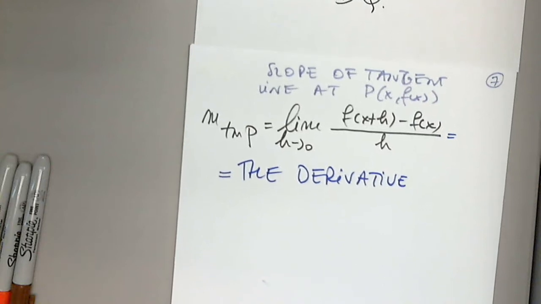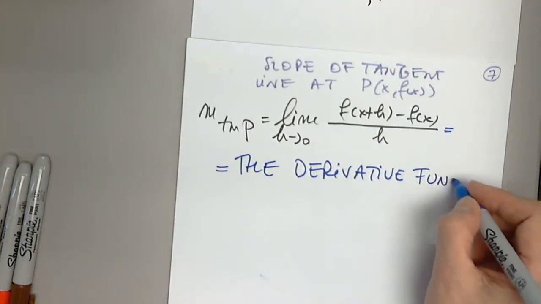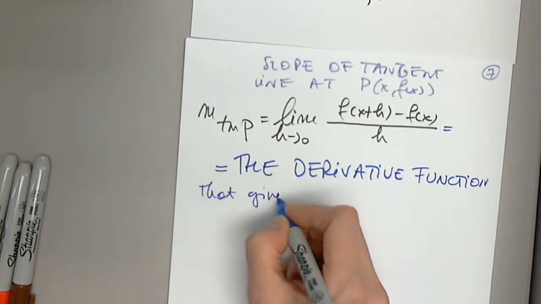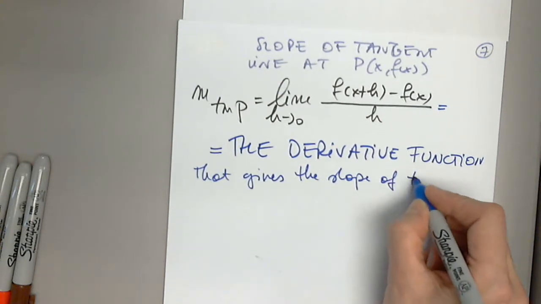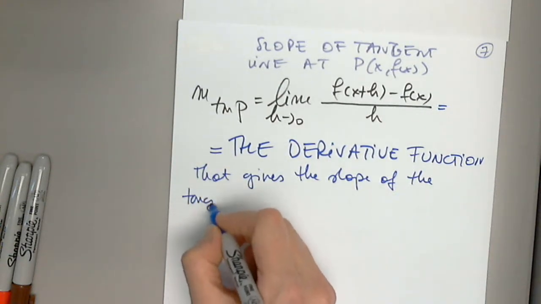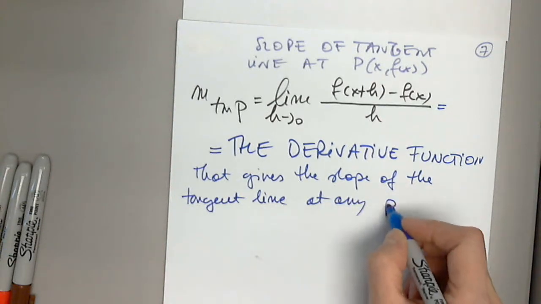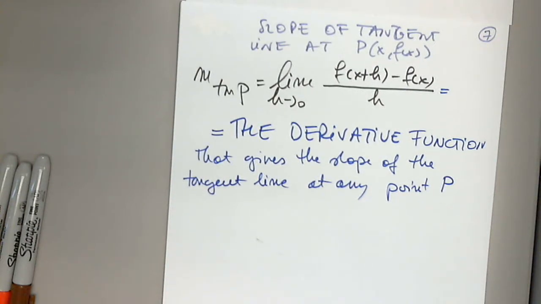And since it's x and not a, it is the derivative function that gives the slope of the tangent line at any point P. There is a restriction, though.